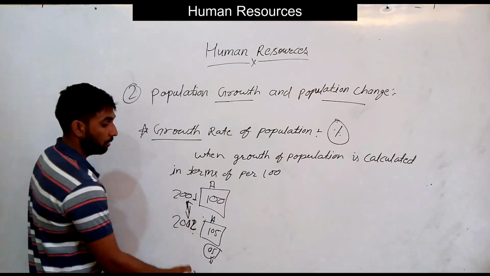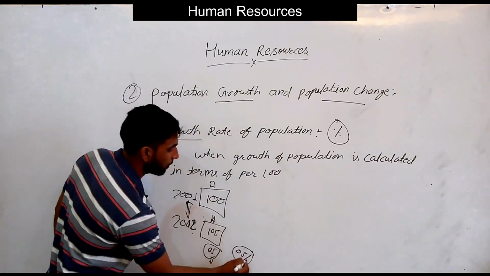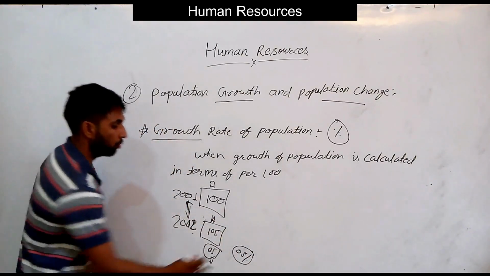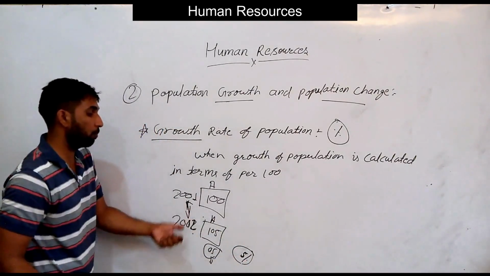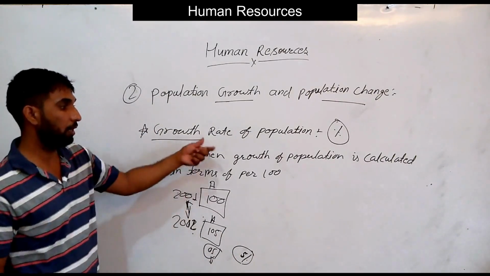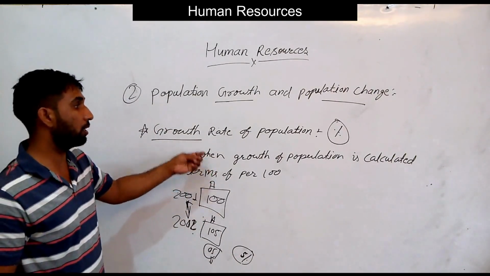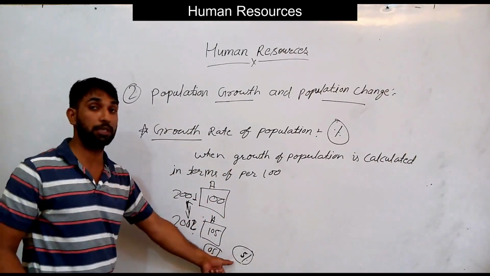So it will be a 5% change in that particular place. So the growth rate of the particular place was 5%.